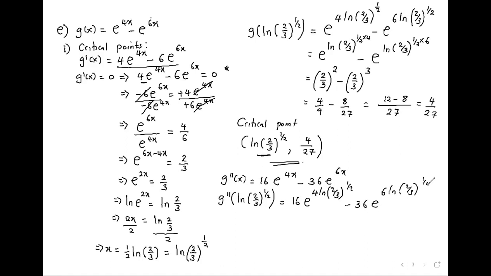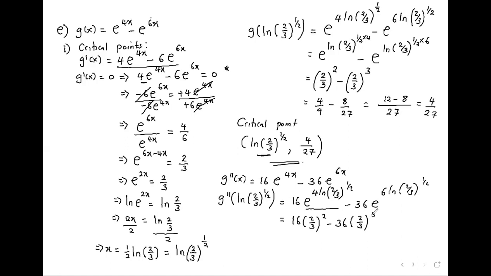And we've already seen that when we work out this, it's just giving us (2/3) to the power 2. So we're multiplying 16 by (2/3)^2, and then minus 36 by (2/3)^3.